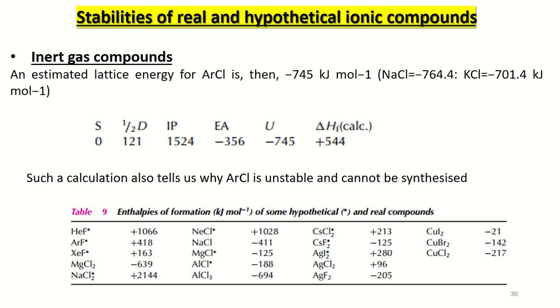An estimated lattice energy for argon chloride is then minus 745 kilojoule per mole. We know that the lattice energy of sodium chloride is minus 764, while potassium chloride is minus 701 kilojoule per mole. So the substitution into this equation may yield this kind of data.